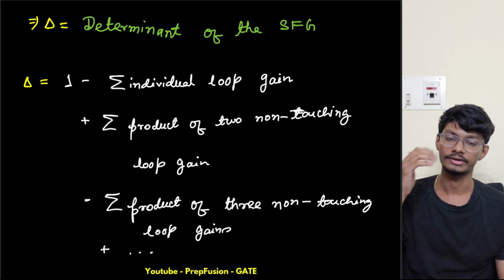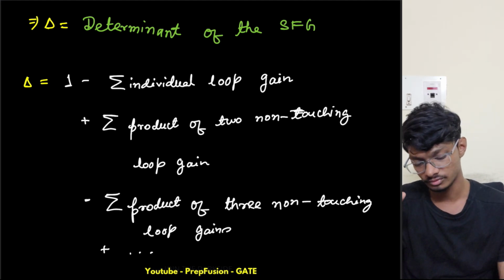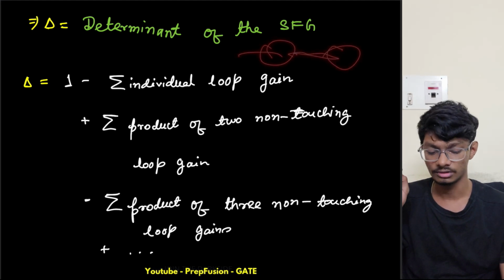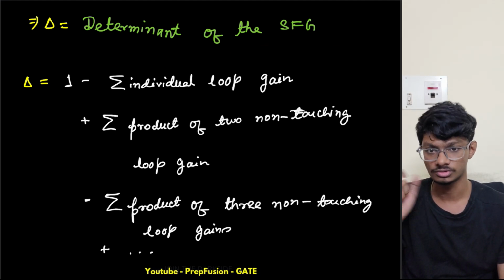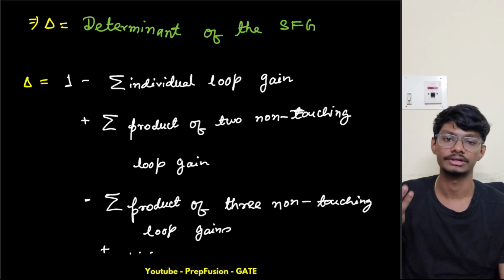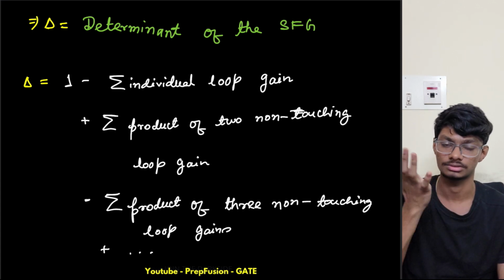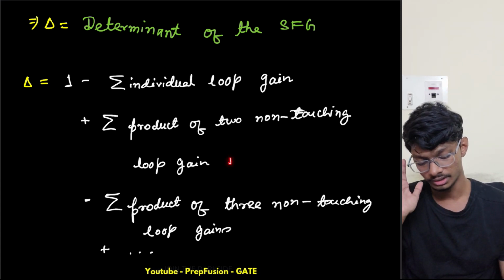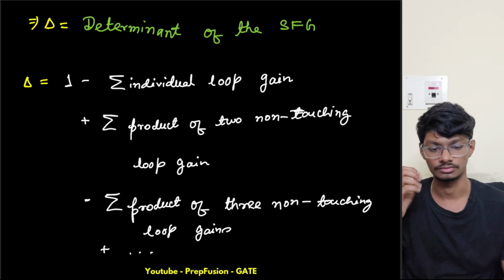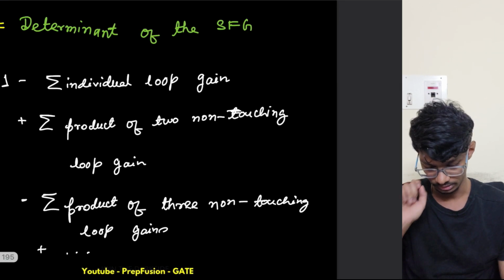But just keep in mind, if we have 2 loops and they are touching each other, and in the overall SFG we have 2 loops only, what do I mean by loops, I will explain. We have 2 loops only, so there can't be 3 non-touching loops, because the 2 loops are touching each other, so it is impossible. So if one term is 0, the terms after that will also be 0. This is an important thing to notice.